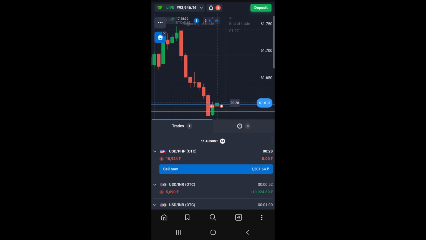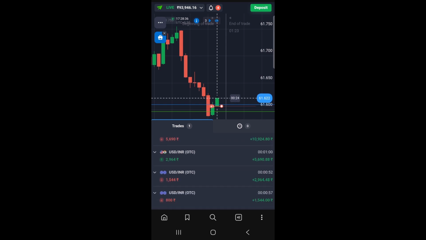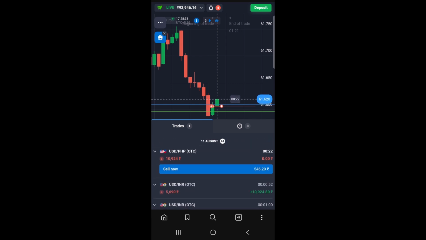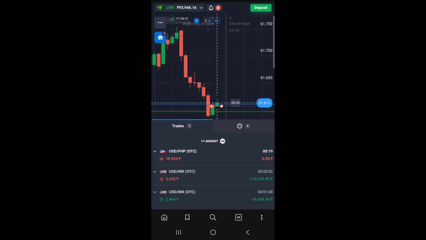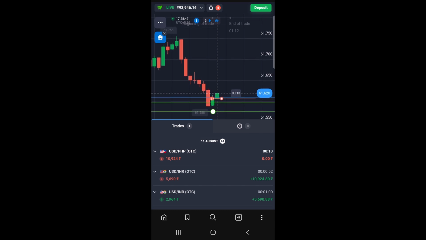But there are chances that this candle can be a green candle, because the previous candle had some sort of wick.